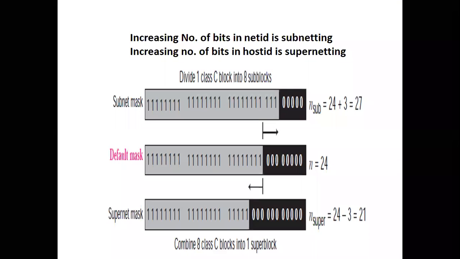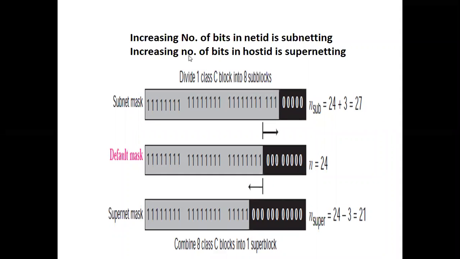We have seen the problems on subnetting just now. Here, increasing the number of bits in net ID is the subnetting effect, and increasing the number of bits in host ID is the supernetting effect. If you have a default mask with n equal to 24, and you increase this length from 24 to a larger value, then this concept is called subnetting.